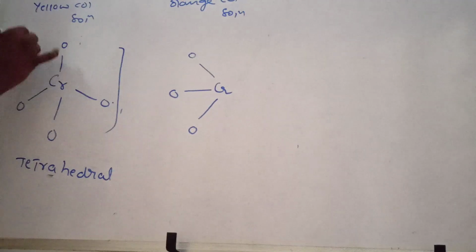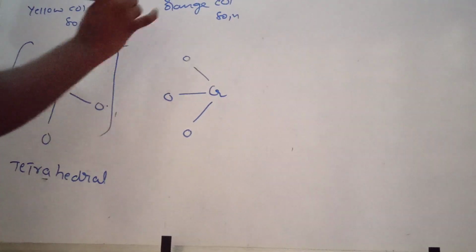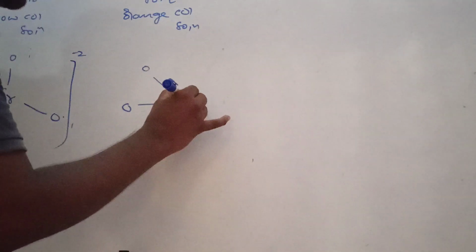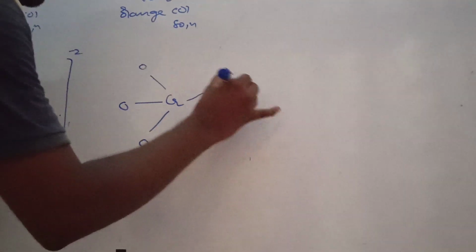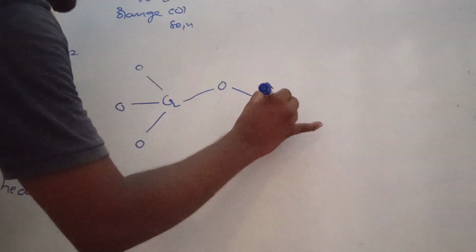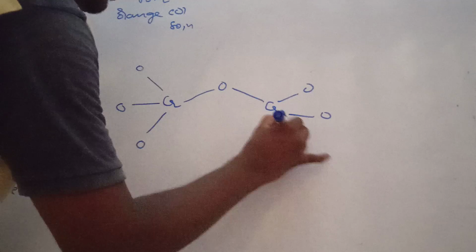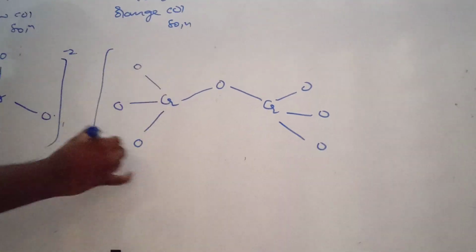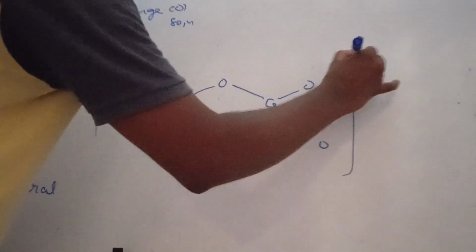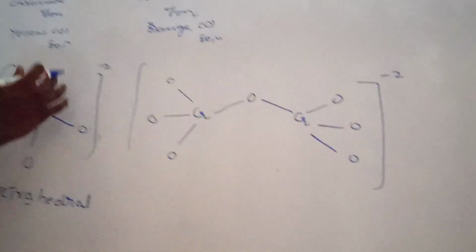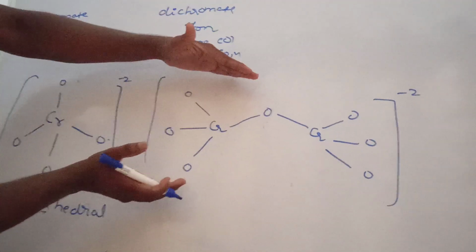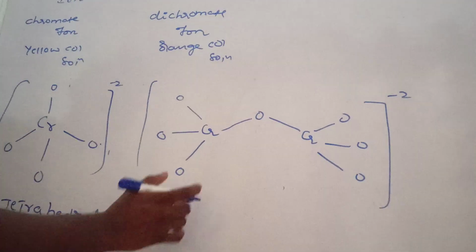Or if you write this one like that, also no problem. Two tetrahedral structures, just horizontally, this is vertically, horizontally you can imagine and see two tetrahedral structures.